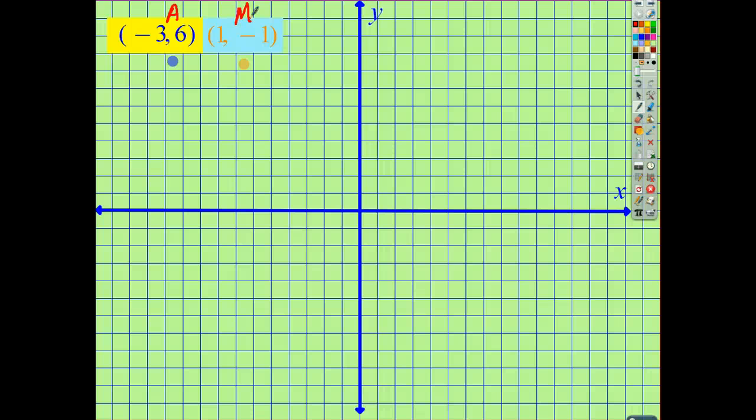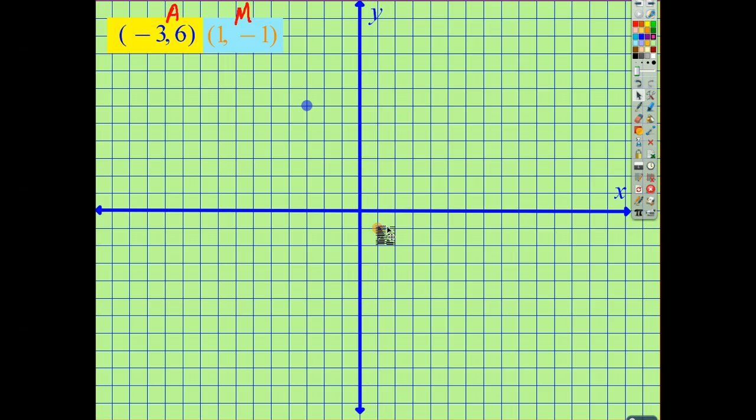So we know that A is -3, 6, so let's plug that in here. 1, 2, 3, and then 1, 2, 3, 4, 5, 6. And then we'll take this one, and this is at 1, -1.